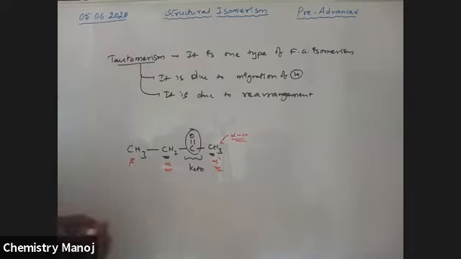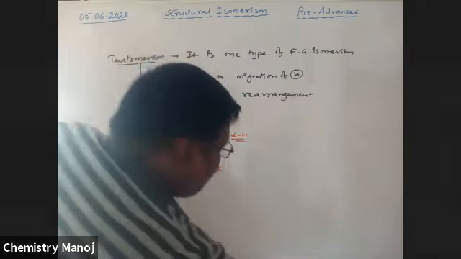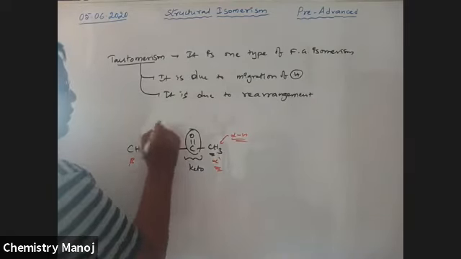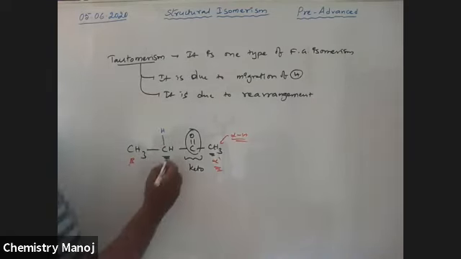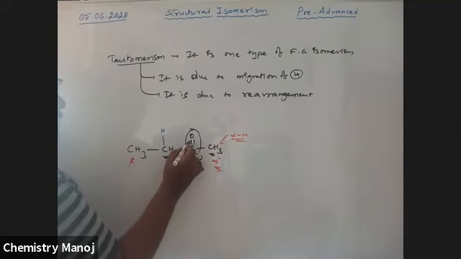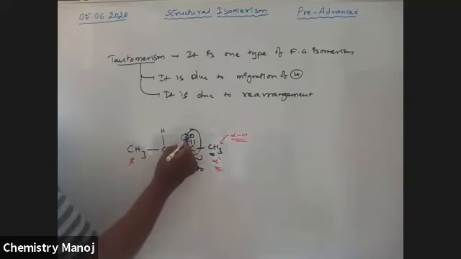See here, I am writing this CH2 like this. Now, in this bond between oxygen and carbon, oxygen is more electronegative. That is why it is polarized: oxygen gets a negative charge, carbon gets a positive charge.